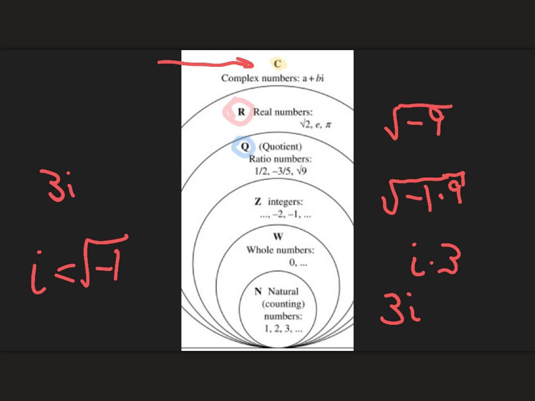So a rational number is any decimal that can be turned into a fraction. I don't know why the integers are Z, but the integers are called Z because the irrational numbers are called I, and I don't show irrational numbers on this circle chart. Whole numbers are indicated by W, and the natural numbers are indicated by the letter N. So these letters represent different types of number systems.